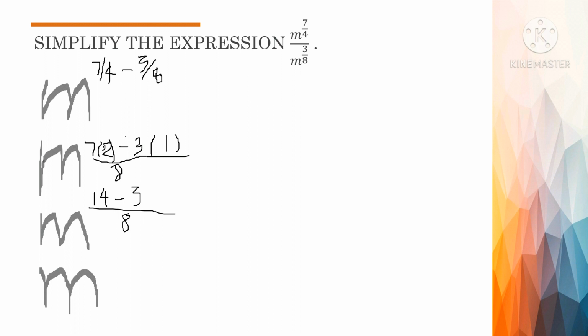So again, 14 minus 3, that is 11. So we have 11 here. And then, yung denominator natin na 8. So our answer is m raised to 11 over 8.